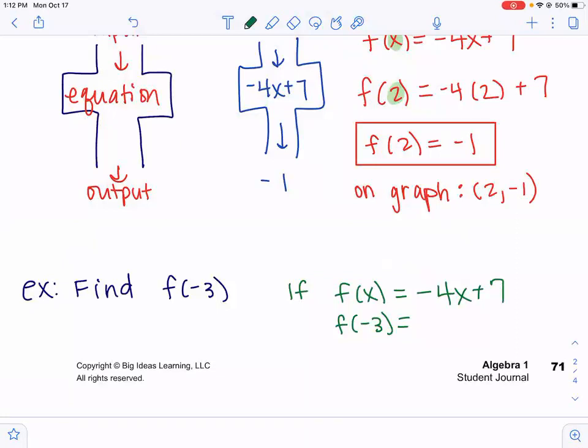Let me say that again. I'm going to replace x with -3. So this is -4x plus 7, but instead of x, I'm going to punch in -3.